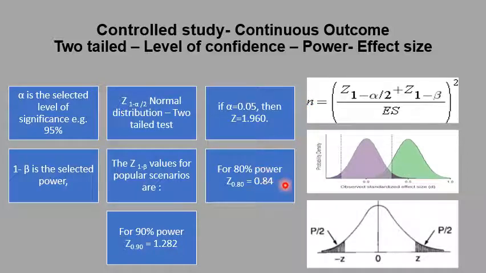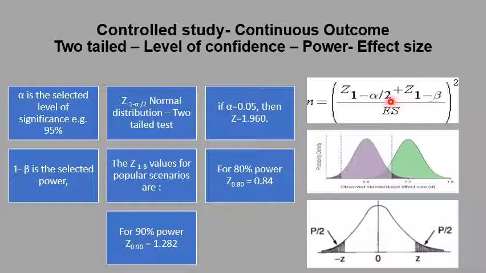The z-score for the 80% is 0.84, and the z-score for the 90% is 1.28. So these two figures, you will see them repeatedly used. The 1.96 and either 0.84 for 80% power or 1.282 for 90% power.